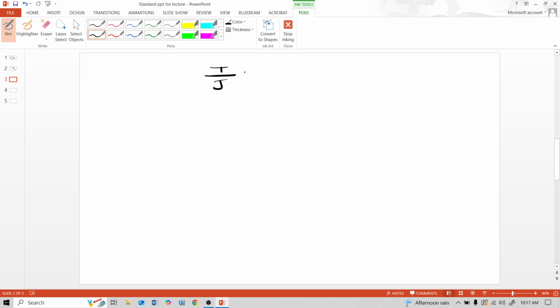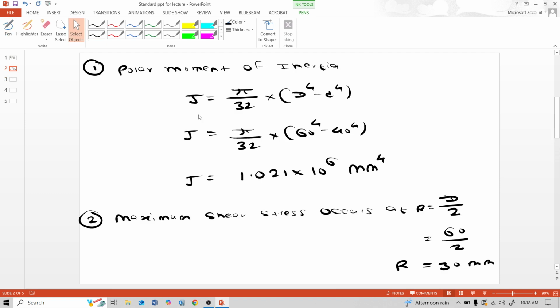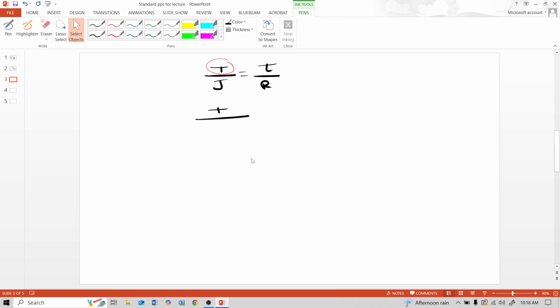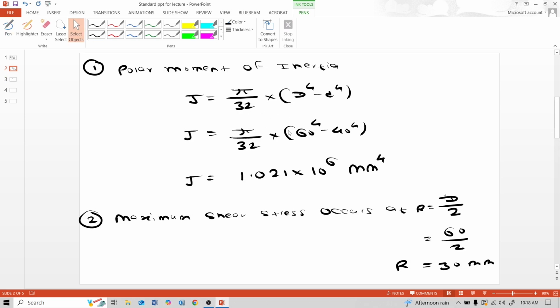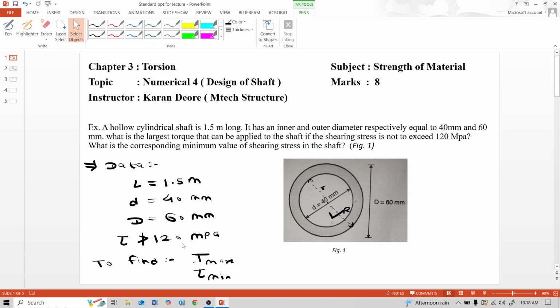So use this formula T by J is equal to tau by R for calculation of this T. J we had calculated in step 1 as 1.021 into 10 raised to 6, and tau is the maximum tau, 120 MPa.